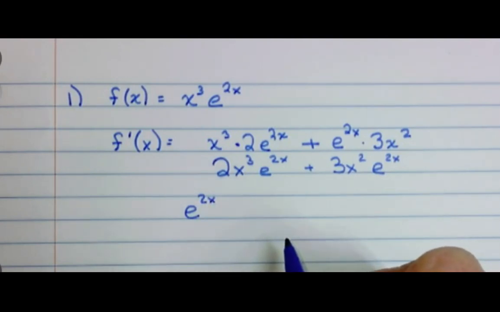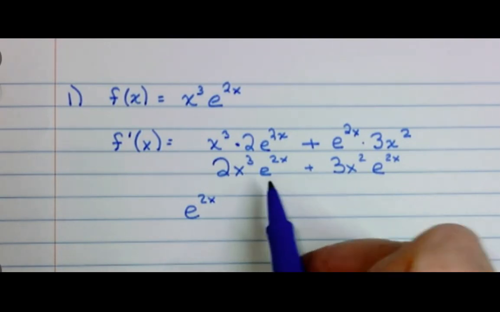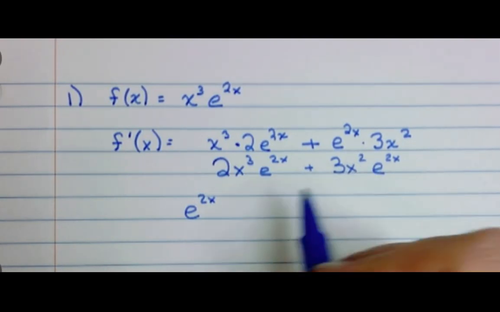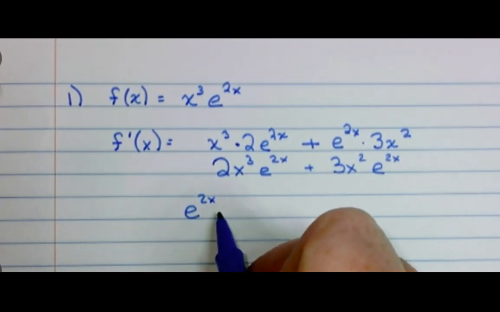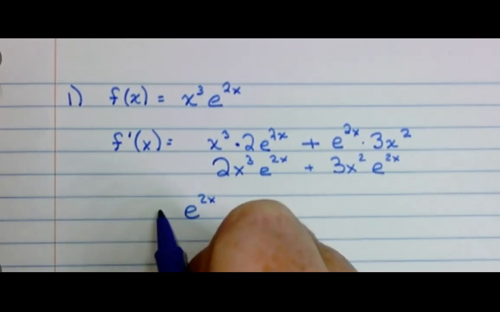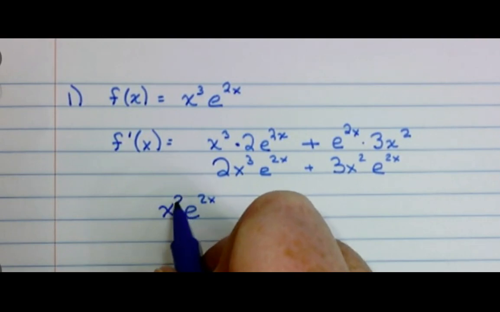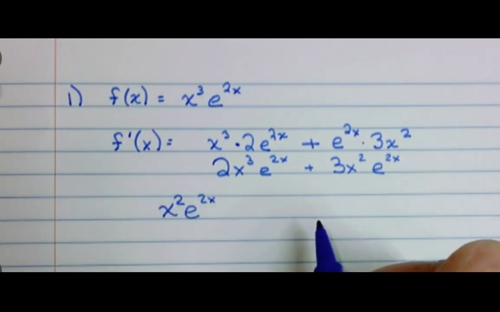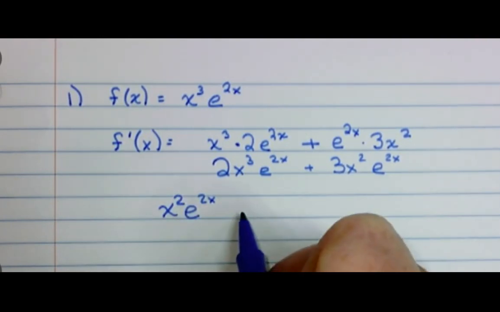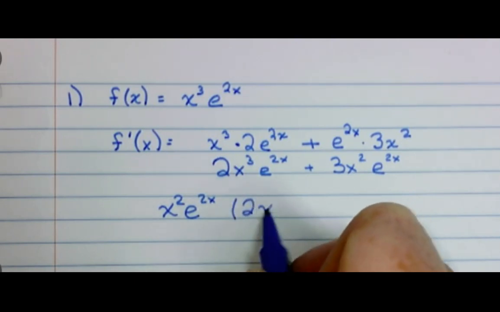I'm also noticing that both terms have an x to the power of 2, so I'm going to factor out x to the power of 2 also. And what I have remaining now is 2x plus 3.